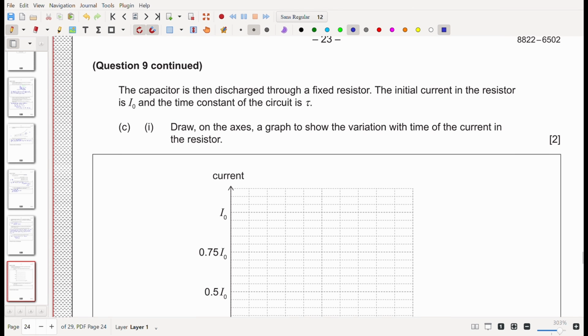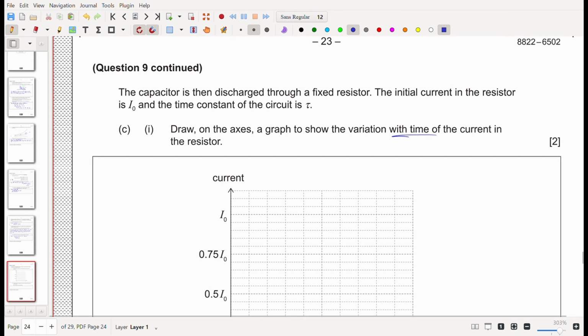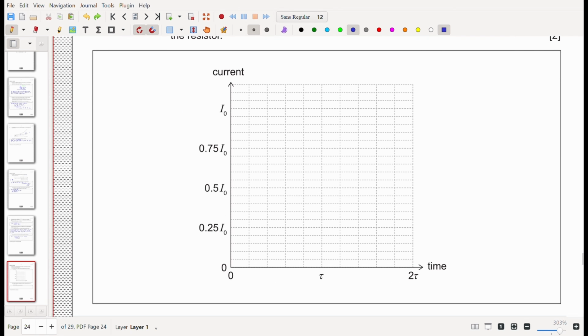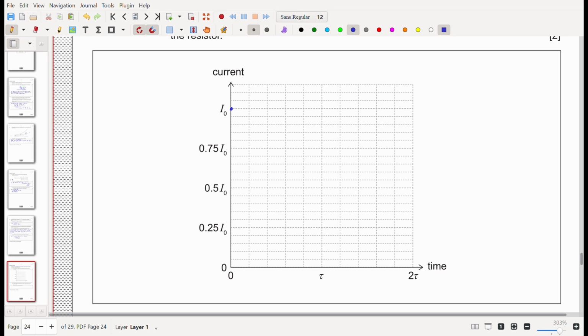Moving on to question number 9. We are given a graph and we are asked to draw the variation of current with time in the resistor in an RC circuit, which means resistor-capacitor circuit. So obviously we are going to start at I0, and we are given tau, which is our time constant.